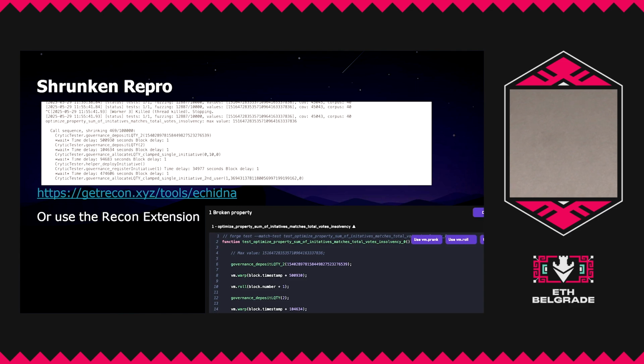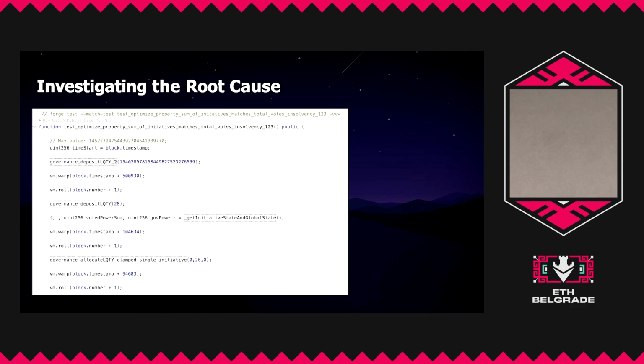Off of that, we got a fairly readable repro, still somewhat rough, but at the end of the day it boils down to a user performing a big deposit, waiting some time, I think about 1 week, then deploying a new initiative and performing a vote on that new initiative.